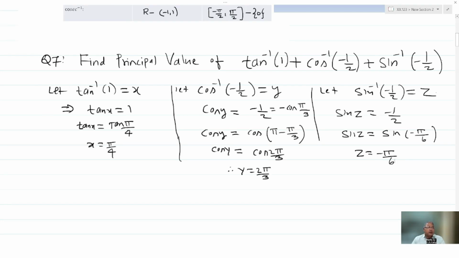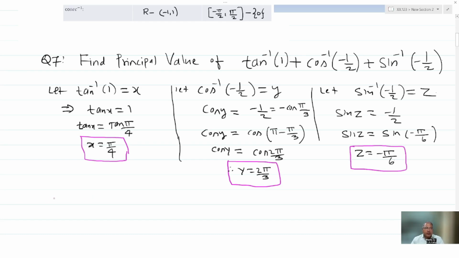Now we find the principal value individually for each function. I got the principal value for tan inverse 1, that is x equals pi upon 4, for cos inverse of minus 1 by 2 I got y equals 2 pi upon 3, and for sin inverse of minus 1 by 2, I got z equals minus pi upon 6. I got all these values as per the previous discussion.